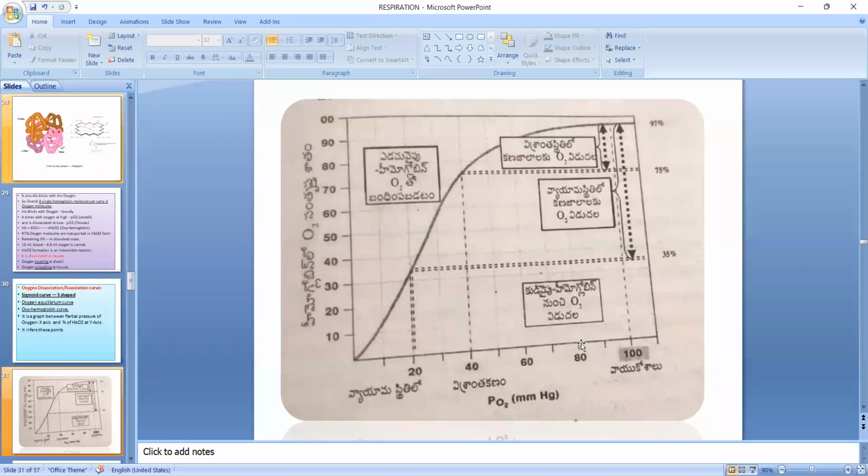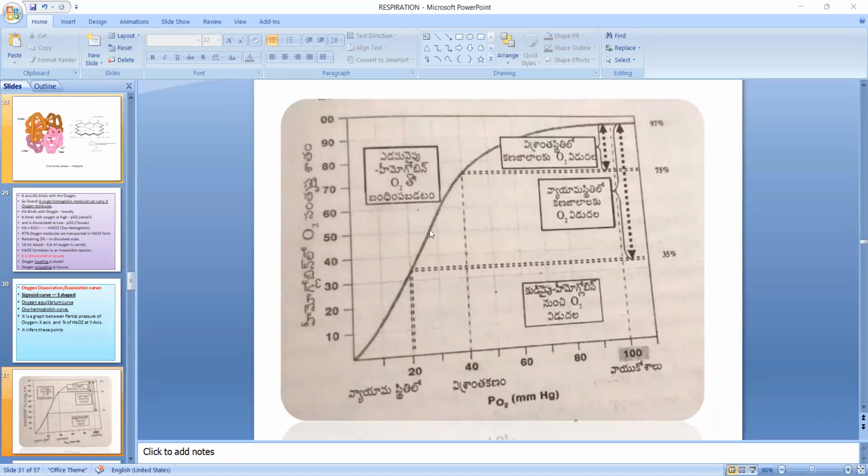At 80 mmHg PO2 it is nearly 95 or 93. At 60 it reaches 90% saturation, at 40 it reaches 80%, and at 30 it reaches 60%.